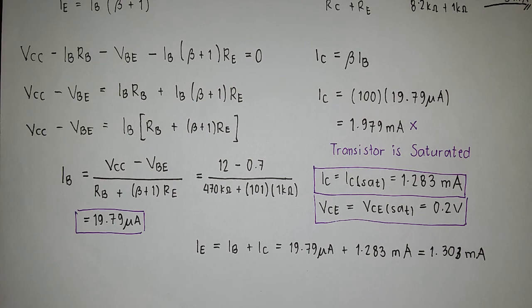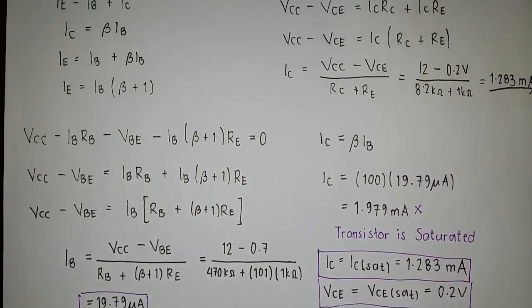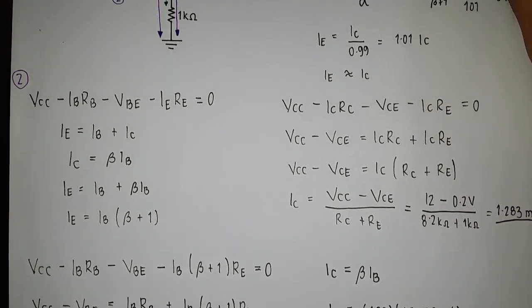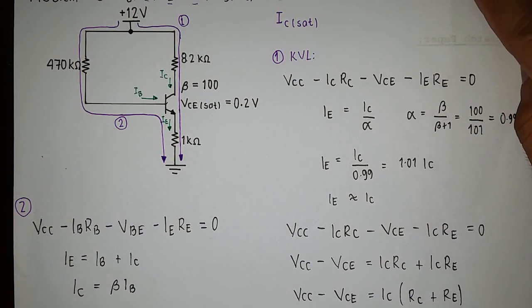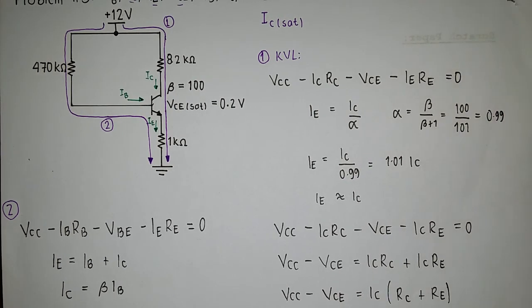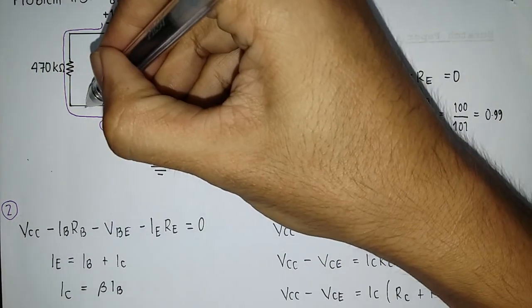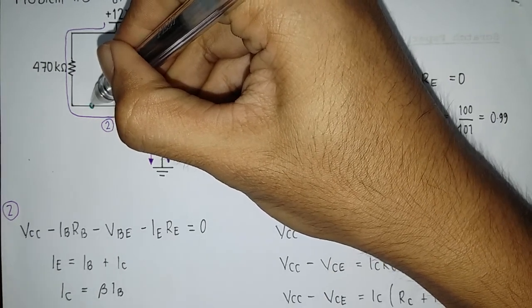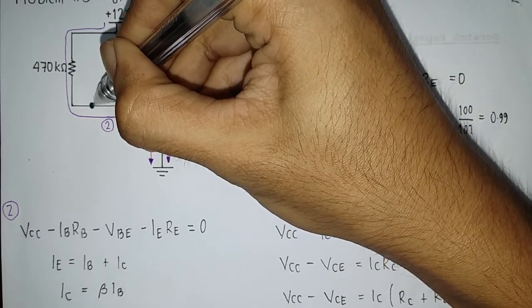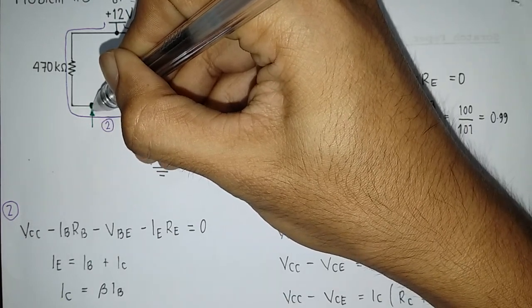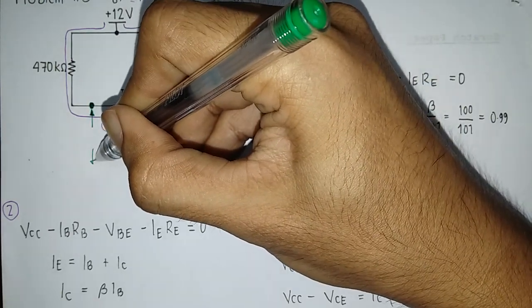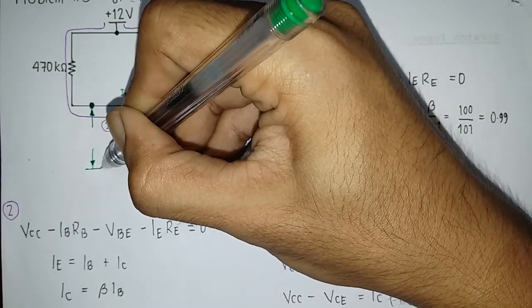Okay, babalik tayo sa taas. Para makuha natin yung VB, or the base voltage, siya yung voltage na ma-measure natin dito sa base. Pag nag-measure tayo dyan, nag-connect tayo ng voltmeter, and nilagay natin yung kabilang side ng voltmeter sa ground.